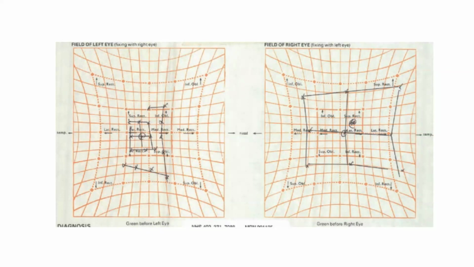Based on this Hess chart, which eye is the problematic eye? It appears to be the left eye. Look at the left eye, which muscle has the problem? Sir, probably the lateral rectus and even the superior and inferior rectus also. No. Which muscle do you think? Sir, medial rectus, because this eye is in exodeviation. So this is the underaction of the medial rectus.